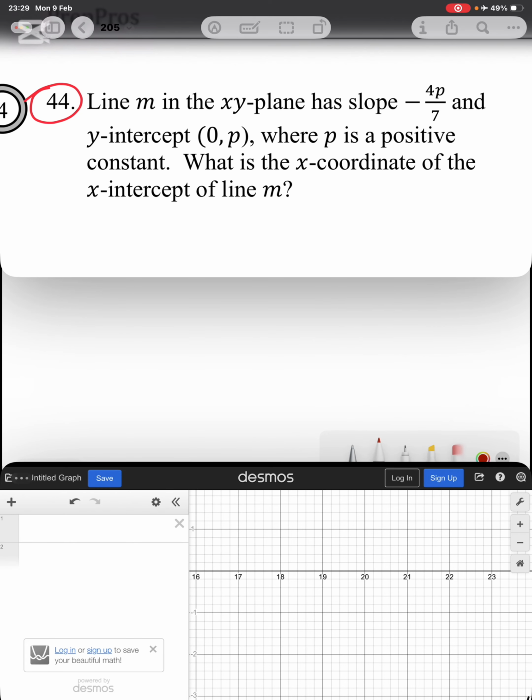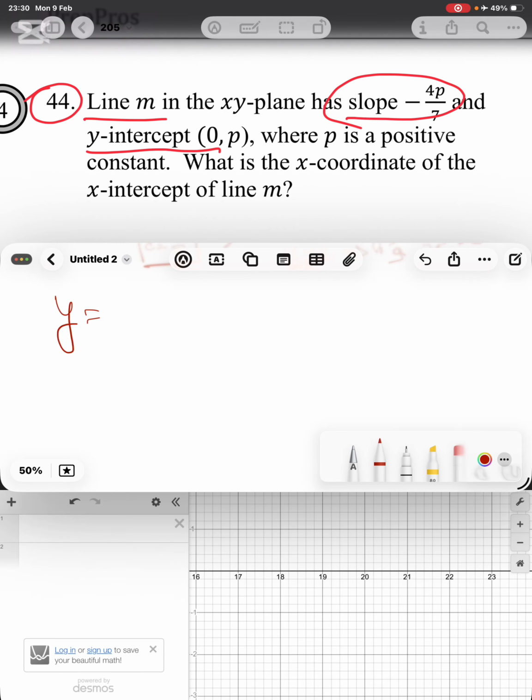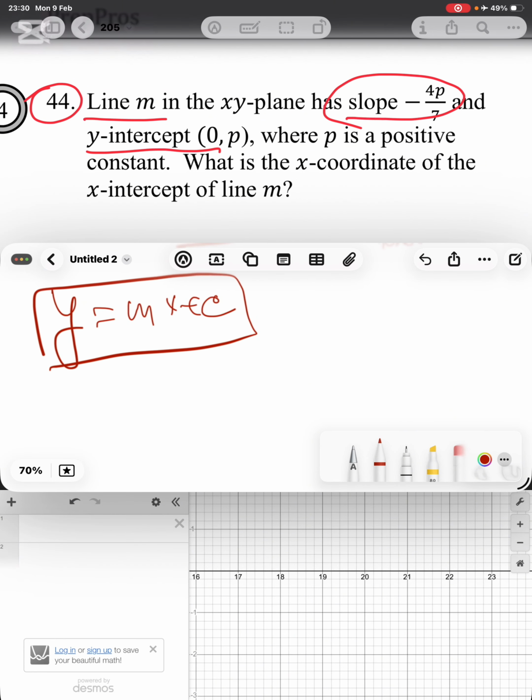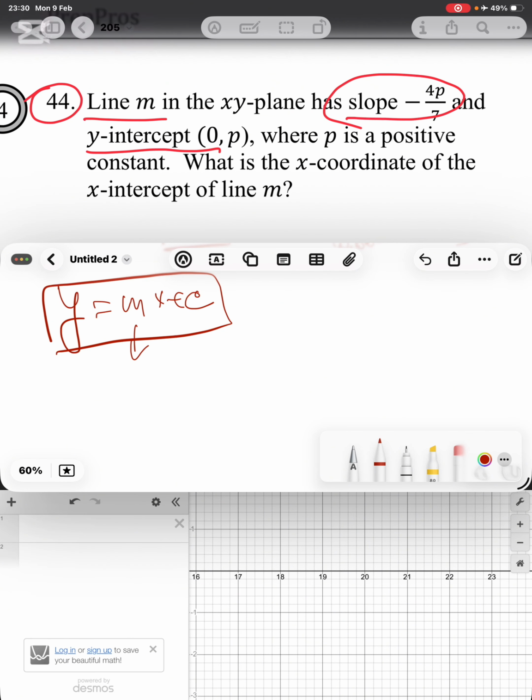So in this SAT question, we are given line M, which has slope minus 4p divided by 7, and we are given the y-intercept, which is 0 and p. So at this point, you have to just simply create an equation of a line, which is going to be mx plus c, right? So from here, we are given the slope, which is minus 4p divided by 7. Instead of x, we have to insert 0.